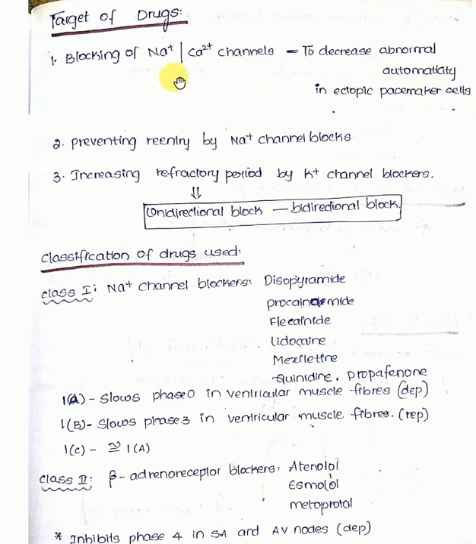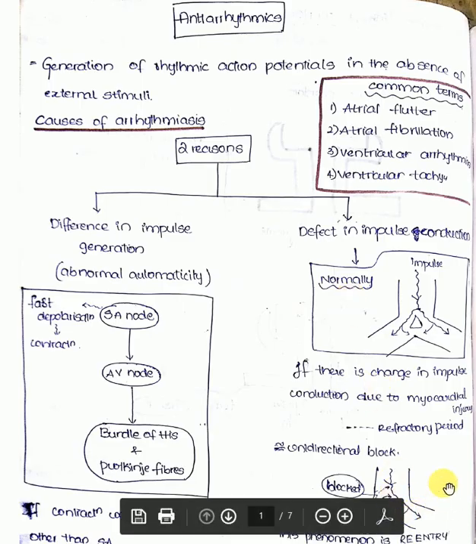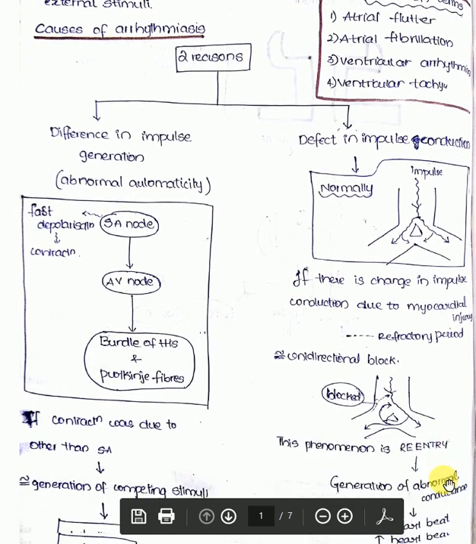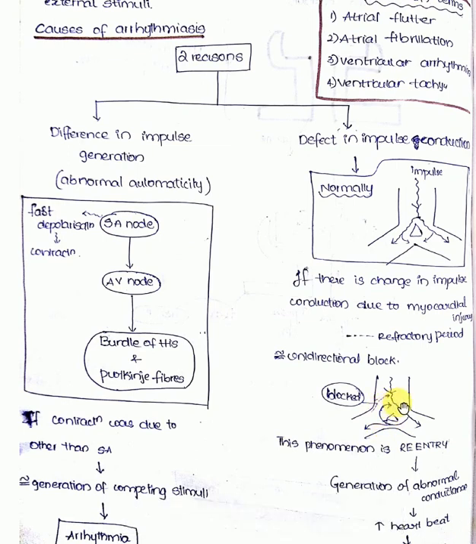So we have to block sodium or calcium channels to decrease this abnormal automaticity and to prevent re-entry of the action potential. This re-entry can be prevented by sodium channel blockers. And the third thing is increasing the refractory period. If we increase the refractory period, then the action potentials take time to re-enter this process, and at the same time the impulse also comes, and they both combine, and thus extra contraction is prevented.